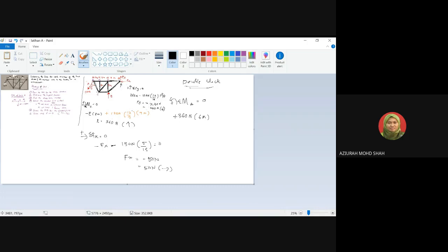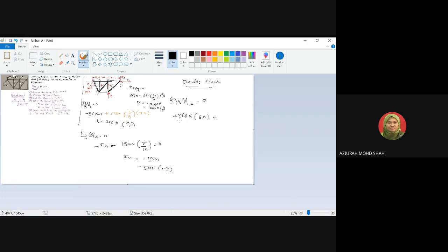Okay, katalah you still referring the old FBD, yang Fy dia ke atas. Tak apa, tak ada masalah. Okay, tengok betul-betul yang saya tulis. So kita assume tambah.